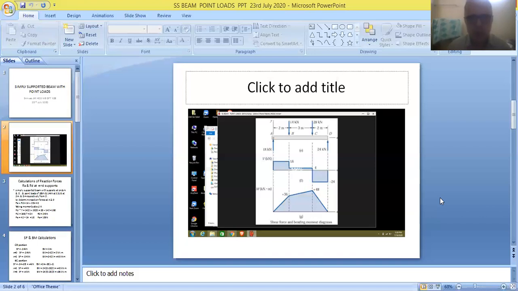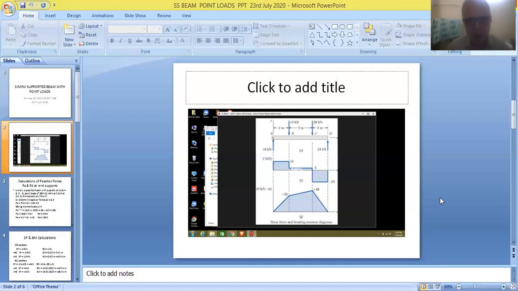So therefore, a shear force diagram is a diagram which is used for indicating the values of shear forces at different points in the beam.